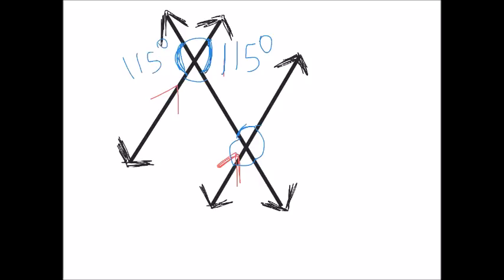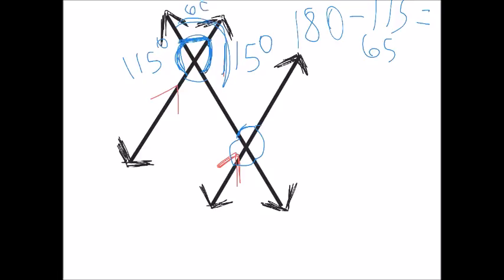Now we can figure out this angle over here because we know that this big angle is 180 degrees, and 180 minus 115 equals 65. So it's 65 degrees. Then, since it's opposite with this angle, we know that this angle is 65 degrees.